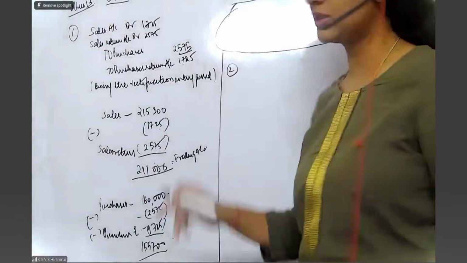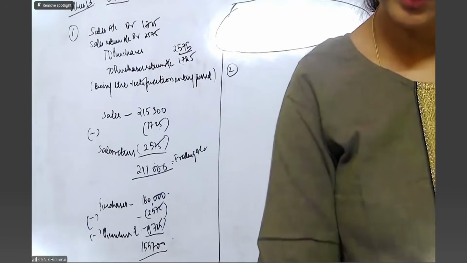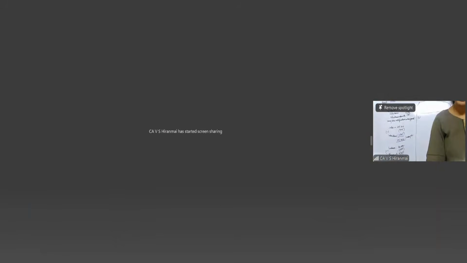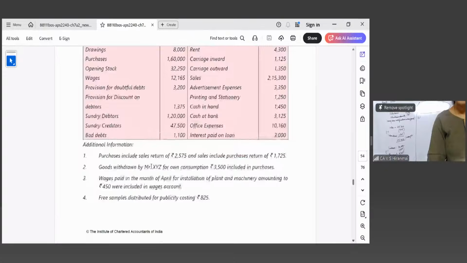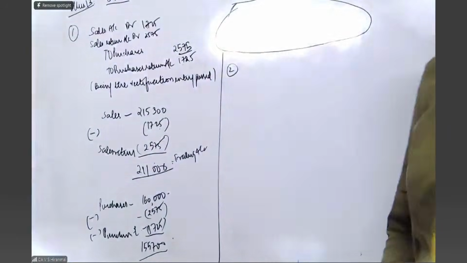Now come to adjustment number 2. Further, you can have some deductions from the purchases also, no problem. But now this is the thing. Goods drawn by Mr. XYZ for own consumption, 3,500, which is included in the purchases.